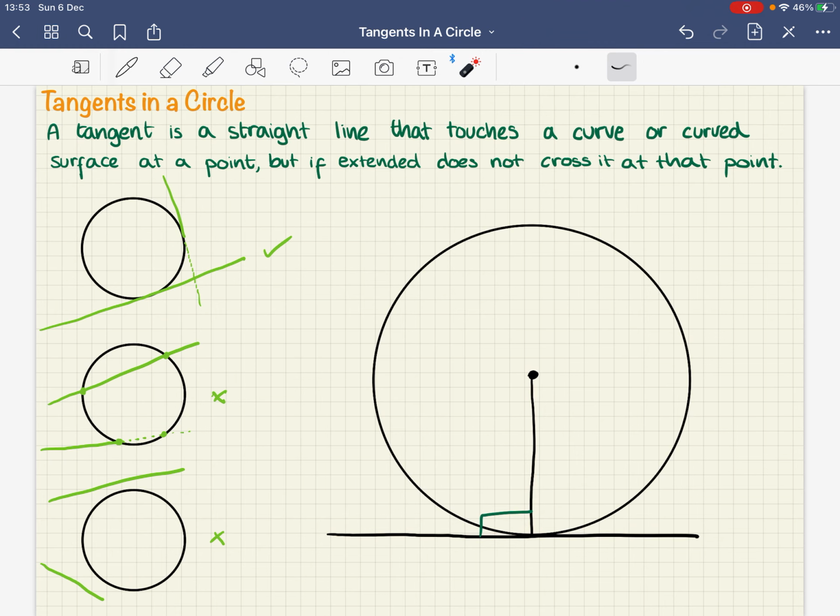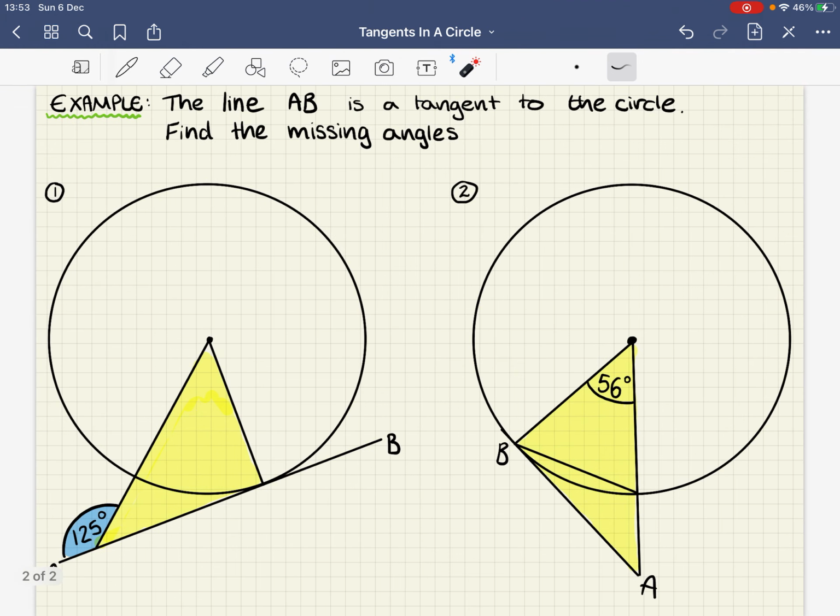So let's take a look at a few examples of how we can use this. For all of these, we've been told the line AB is a tangent to the circle. Find the missing angles. So in my first one, the first thing I would notice is I've got my tangent, got my line from the center to the edge. That means this angle in here is at 90 degrees.